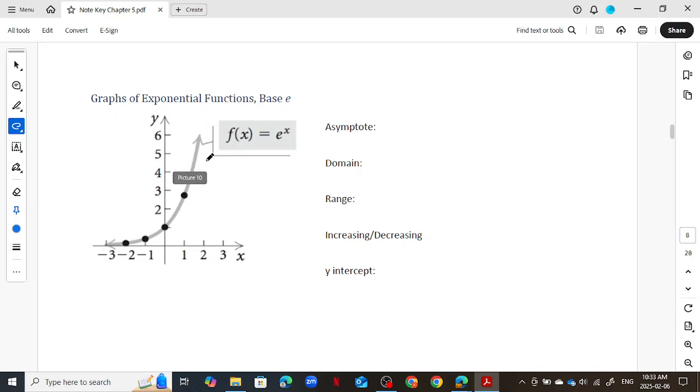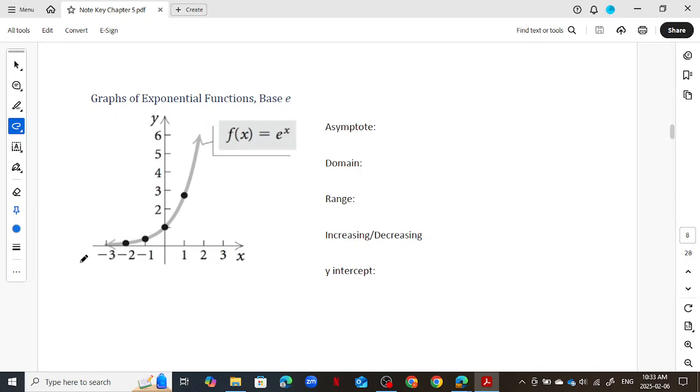We're never going to actually graph these, because it's really hard to graph an irrational number accurately. So we would let a computer graph this for us, but we can look at it as the same shape as y equals 2 to the x. It's an exponential growth graph where the growth is happening at a continuous rate.